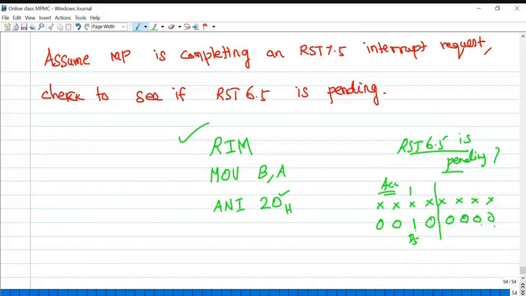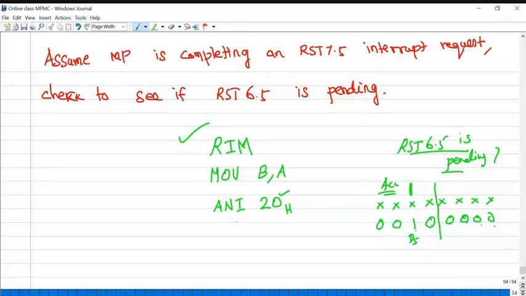We don't know the accumulator's 8-bit content. To check whether RST 6.5 is pending or not, I'm performing a logical AND operation between the accumulator and 20, that is 00100000. If RST 6.5 is pending, then that bit must be 1. If RST 6.5 is not pending, then it must be 0, so your entire result will be 0.